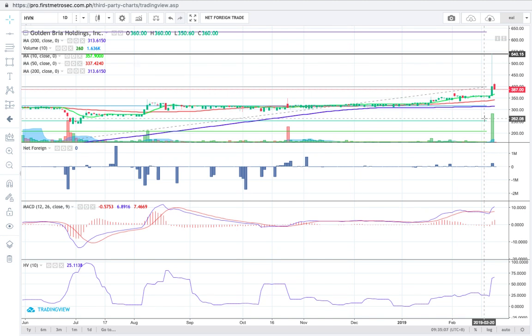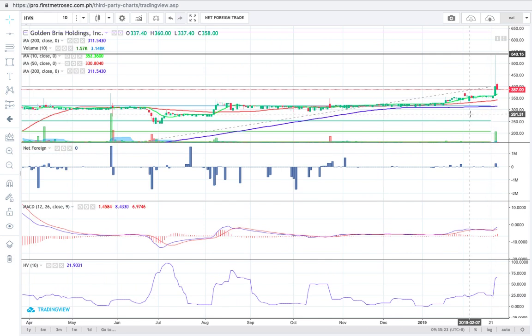So I'm not seeing any domestic news or anything that would make me maintain a bullish stance on this stock. Okay, so it was just a technical price movement yesterday.